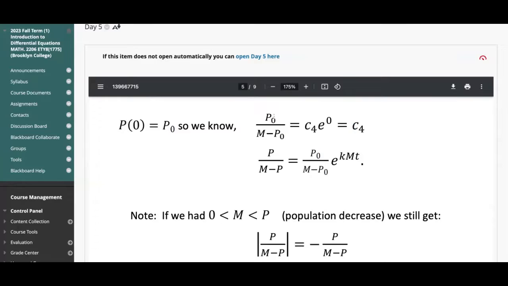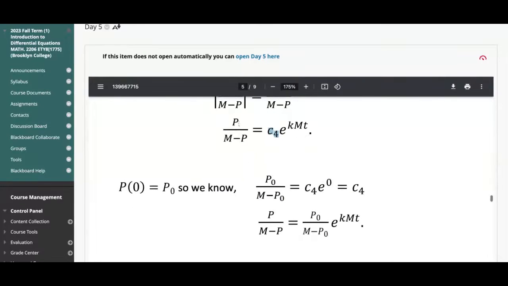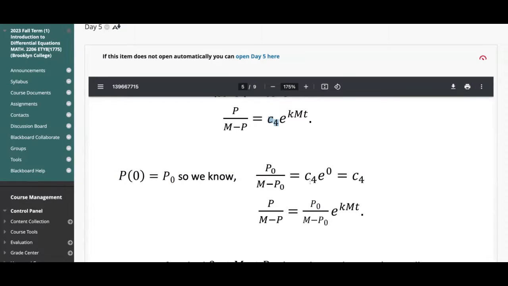C4 equals p naught over (m minus p naught), because we're treating m as some number too. Then we substitute C4 into the equation: p over (m minus p) equals p naught over (m minus p naught) times e to the kmt.